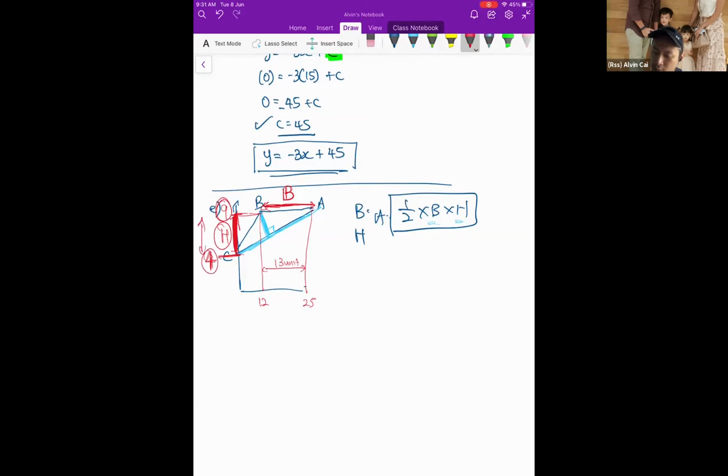So the distance from 4 to 9, of course, will be 5 units. So all we need to do is the area will be equal to half times the base, which is 13, times the height, which is 5, and we'll get the answer, which is 32.5 units squared.